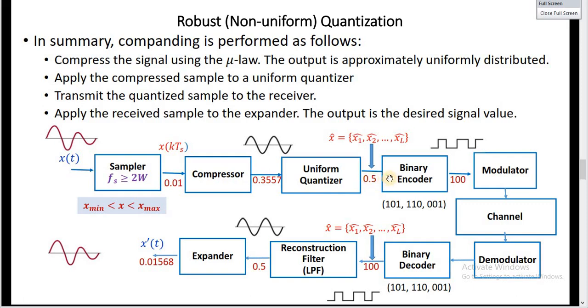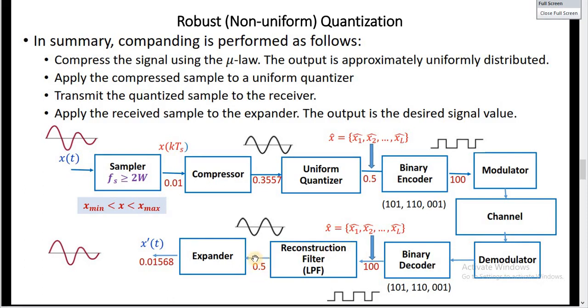The 0.5 is given the binary representation 100, and then it's being modulated, transmitted, and demodulated. At the receiving side, assuming no transmission error, we receive the 100, and so the reconstruction filter will reproduce the sample value of 0.5.